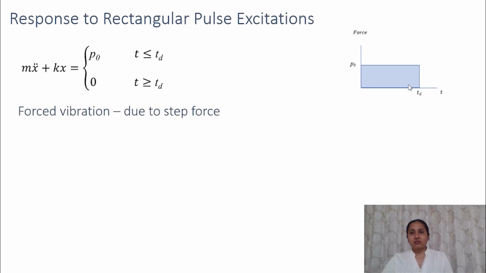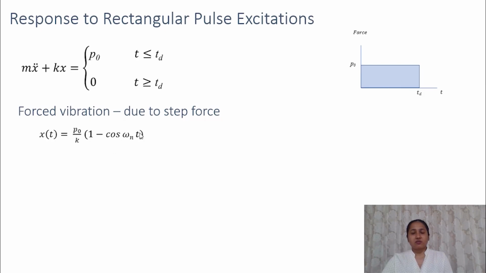When t is less than Td, that is during this pulse, the system will be under forced vibration. So we can find the response as this. In the previous lectures, we have derived the response due to a step force.